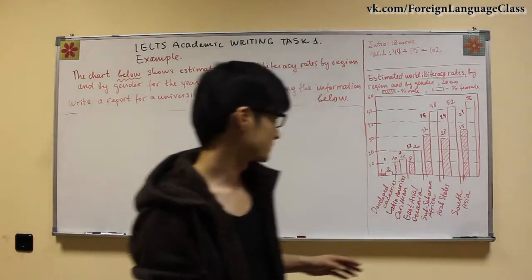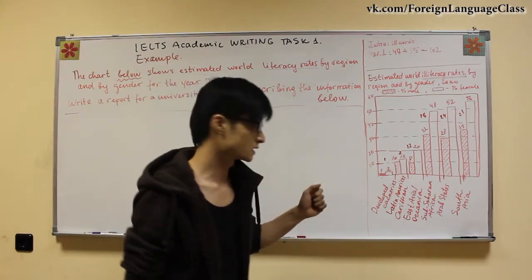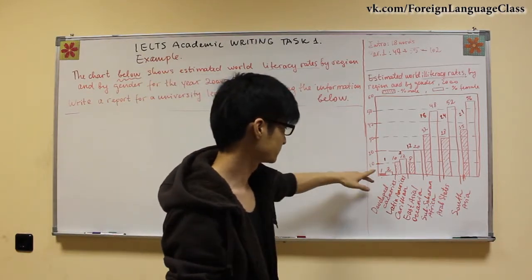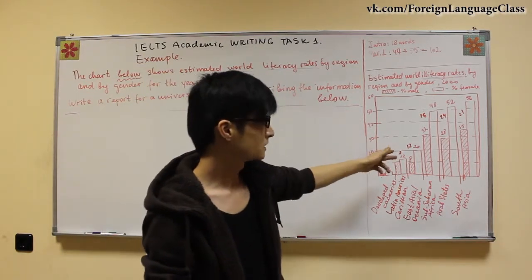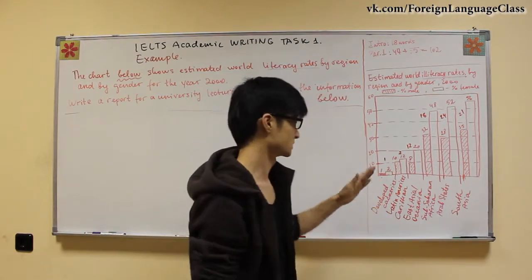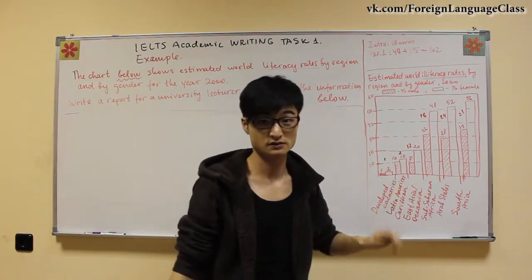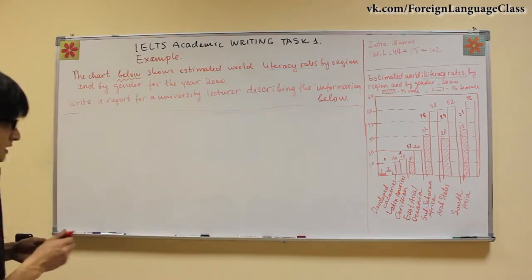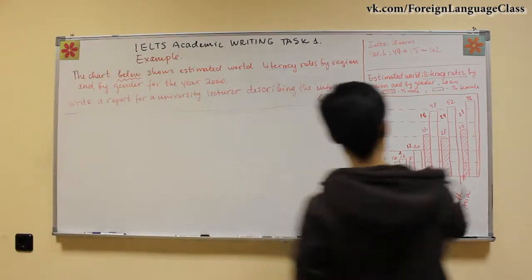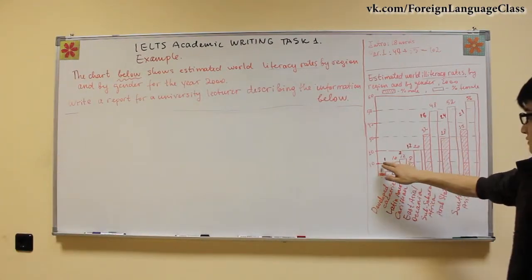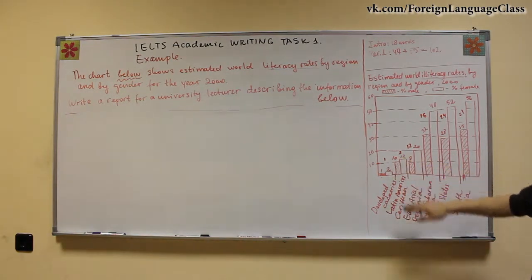In the paragraph 2 we are going to describe the difference between male and female illiteracy rates in different regions. Here I have already written the difference, so in developed countries 1%, in Latin America 2%, and so on.